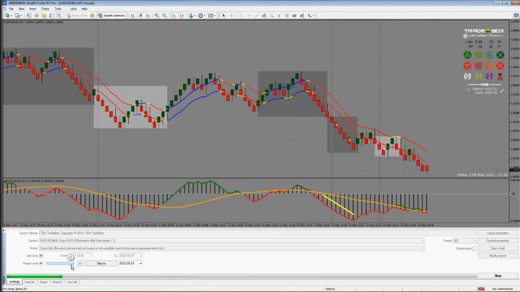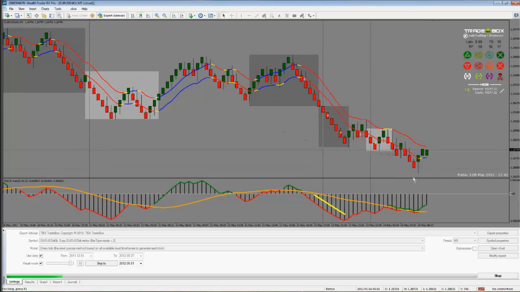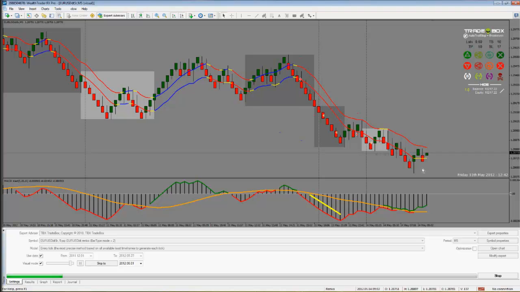So when that broke out, it was still green, so we didn't take that one. Not so much from each Asia session, from each move within this bar.